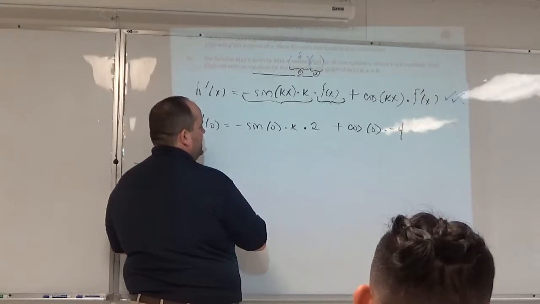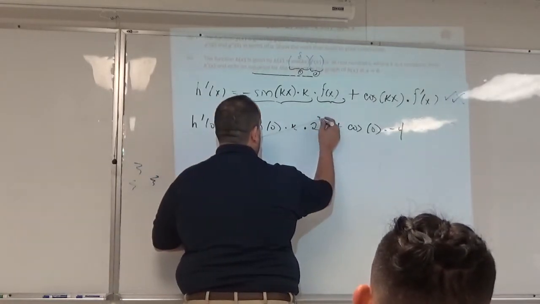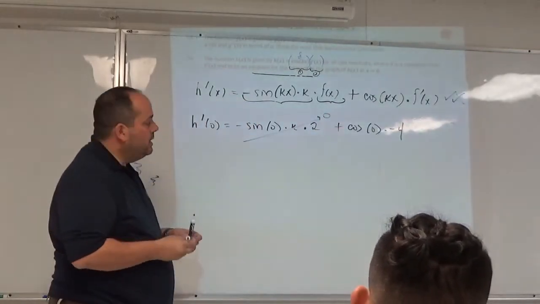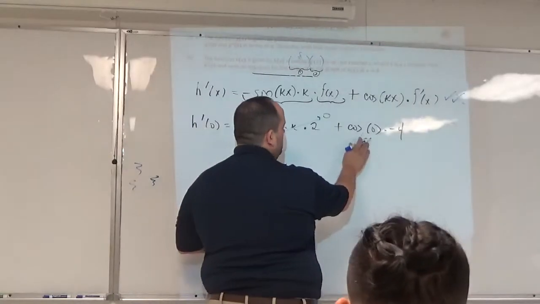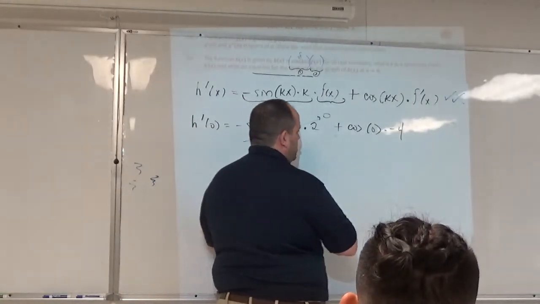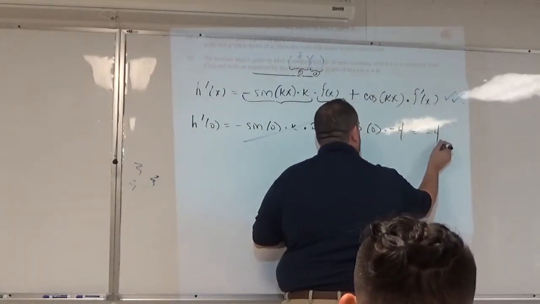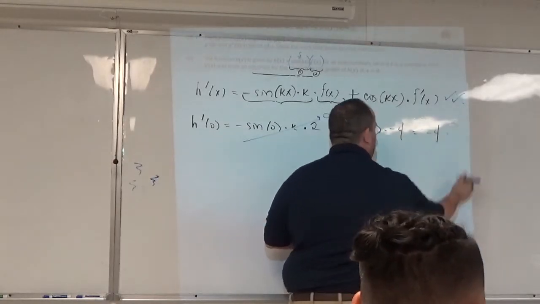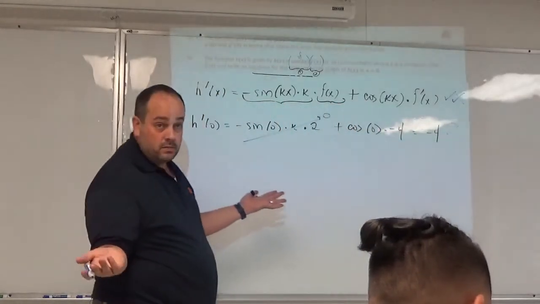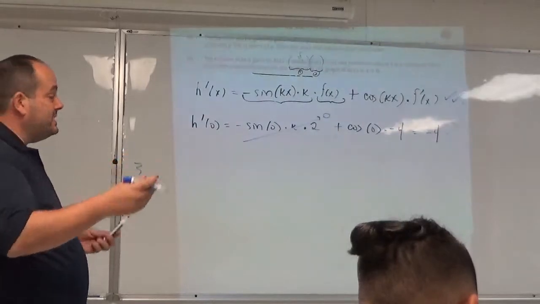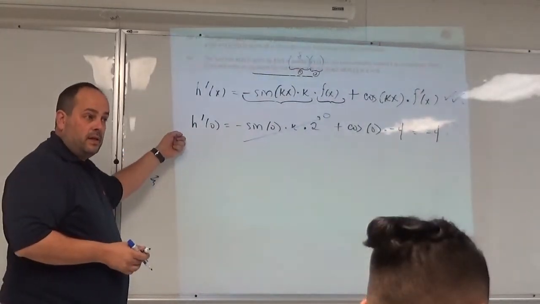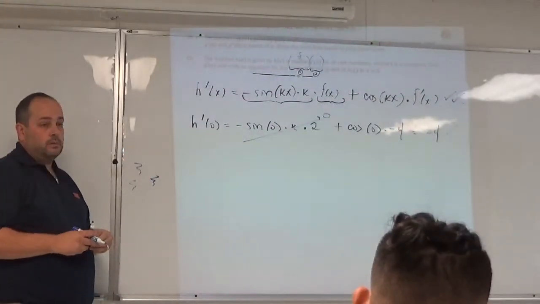If you recognize that sine of 0 is 0, then this whole thing becomes 0. Cosine of 0 is 1, so this whole thing is negative 4. If you make it to negative 4, congratulations, 1 point. That's the slope of the tangent line, the derivative. That's not the equation.